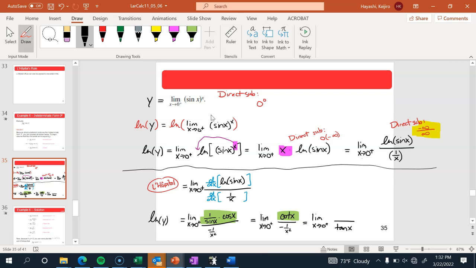Instead of dividing by negative 1 over x squared, why not just multiply by negative x squared over 1, or negative x squared? So each side just goes to the opposite side as its reciprocal.